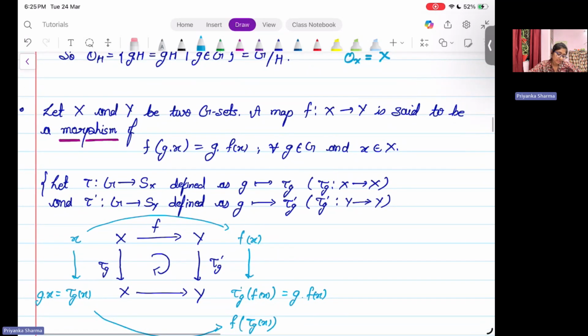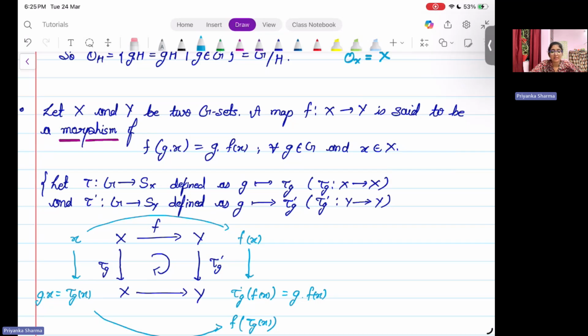Now, what is a morphism in the sense of group action? Suppose we have two G sets, X and Y. What does it mean that X and Y are two G sets? It means that the group G is acting on X via some group action, say tau, and G is acting on the set Y via another group action, say tau dash.